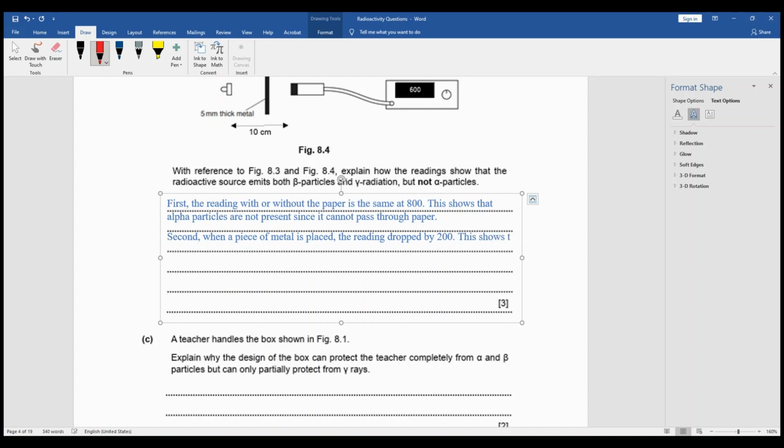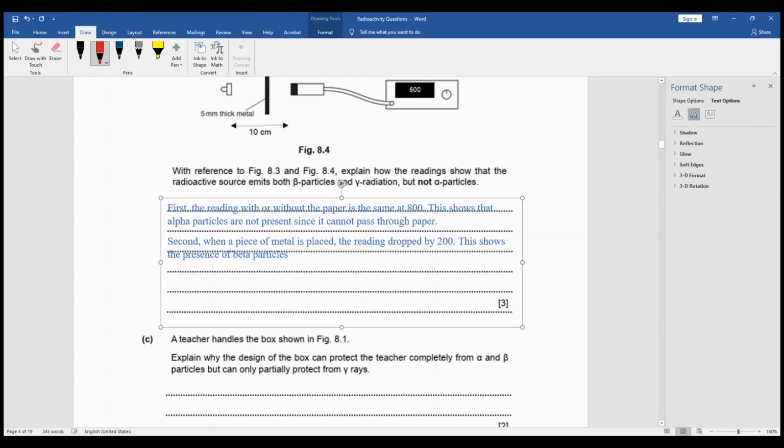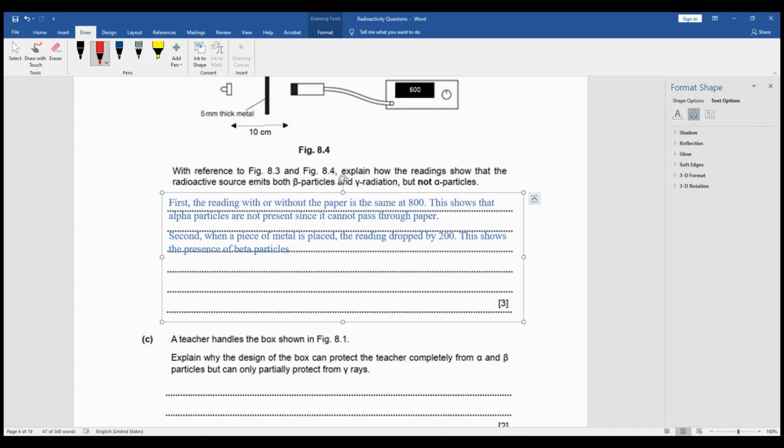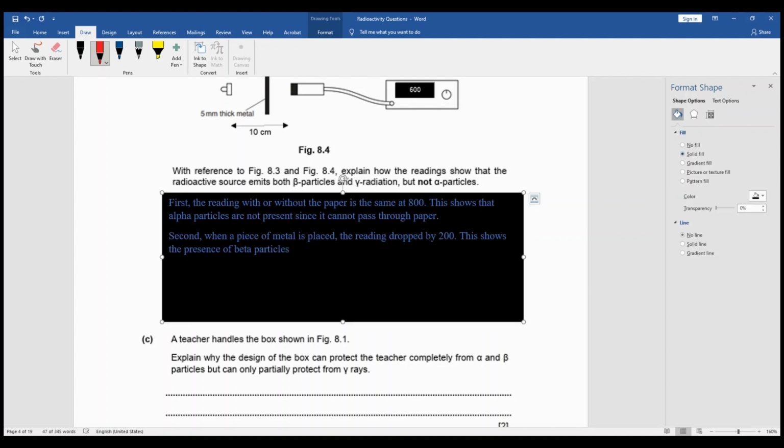This shows the presence of beta particles as it can be blocked by a few millimetres of aluminium.